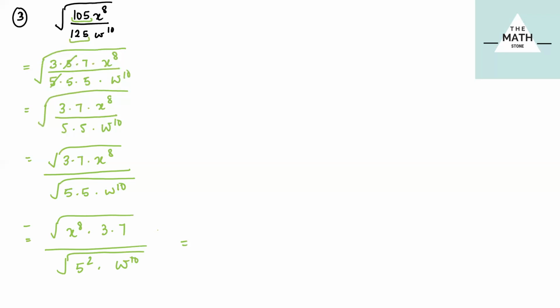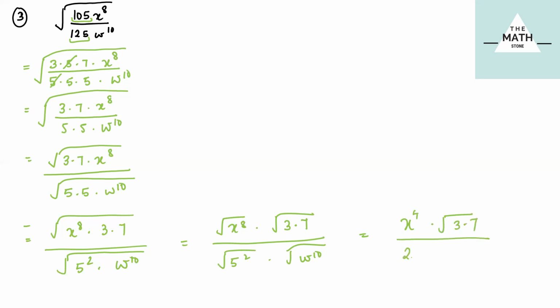Now I'll apply the multiplication property. So this becomes square root of x raised to 8 times square root of 3 times 7, and here as well, square root of 5 squared times square root of w raised to 10. Now you will get x raised to 4 times square root of 3 times 7, and the denominator will be 5 times w raised to 5.